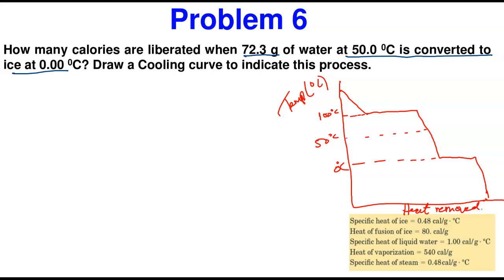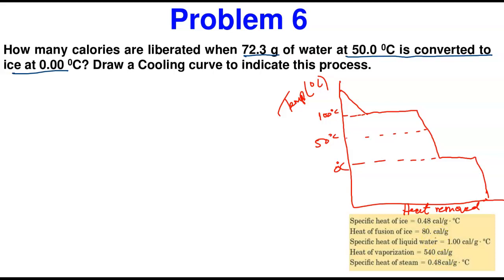So that is exactly what you're going to do here. Now we're going to try to solve the problem. Remember, in this case, whatever you're going to use is going to be a negative sign. Particularly, the heat of fusion is going to be negative. If you're doing freezing, it's going to be a negative sign. Heat of evaporation is going to be negative. So what we want to calculate here, you can label it whatever you want.